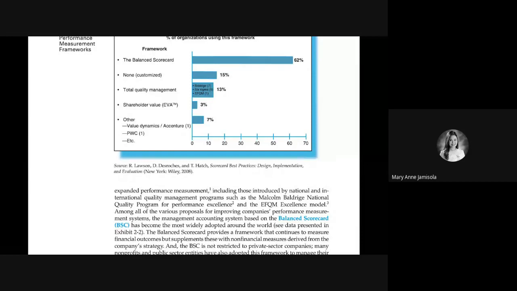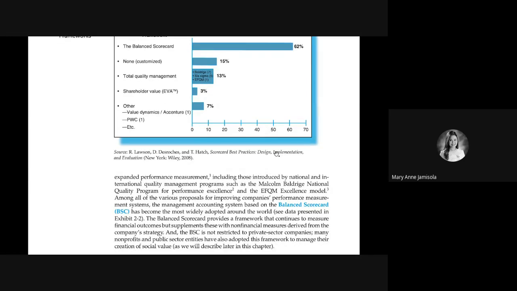Organization, in order for us to get a clearer picture and holistic picture of the organization.